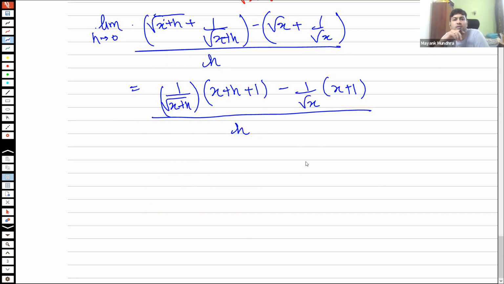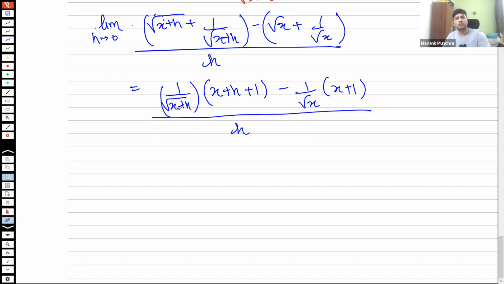Okay. Hmm. No, I don't think it will work like this. I think this works through Taylor series.